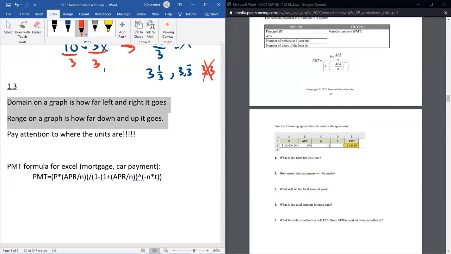Domain relates to the X values, range relates to Y values for your traditional math things. We don't always have Y's in here, and they're not always X's in here. But in terms of your standard rectangular coordinate system, your X values go left and right, aka your inputs go left and right. And then your outputs, your Y's, your ranges, they go up and down.